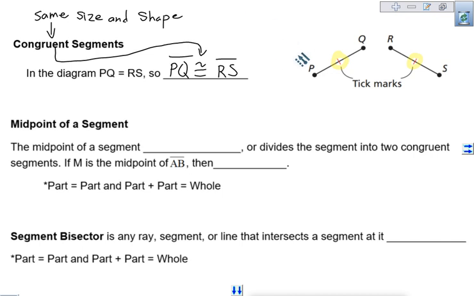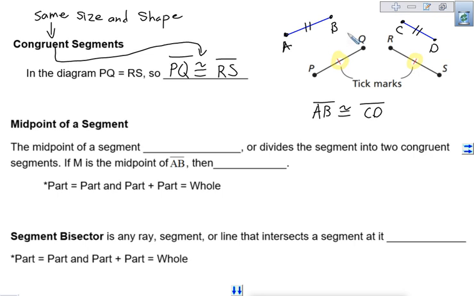If we had another set of segments, say A, B, C, D, and they had 2 markings on them, that would tell us that segment AB is congruent to segment CD, but they have 2 tick marks on them instead of 1.